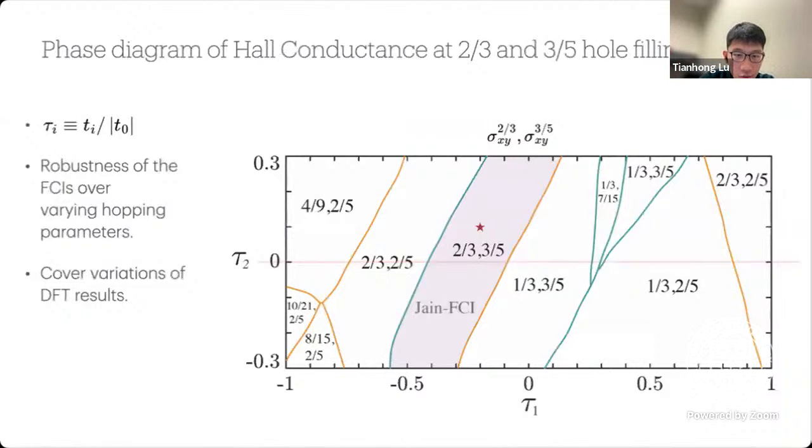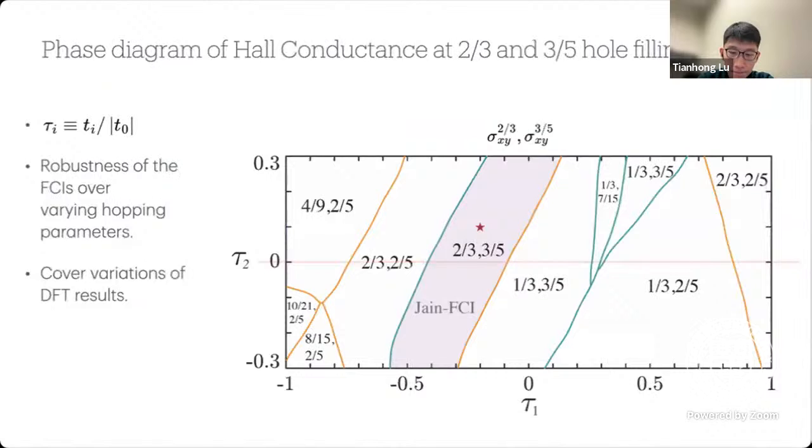So everything can be renormalized. On the phase diagram, there are some numbers in the form of Hall conductance for 2/3 and 3/5 filling. We found a large area of Hall conductance that's the same as discovered in the experiments.